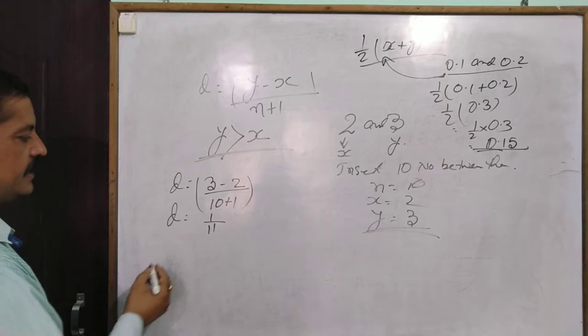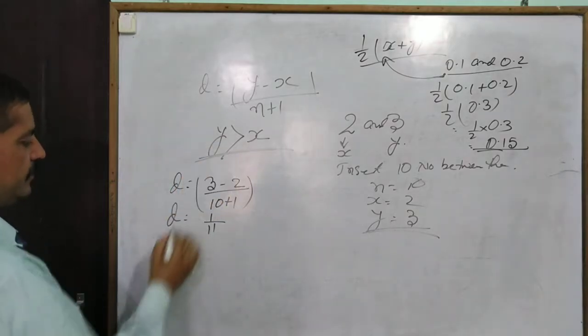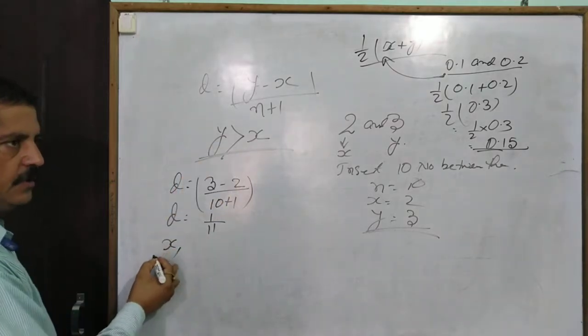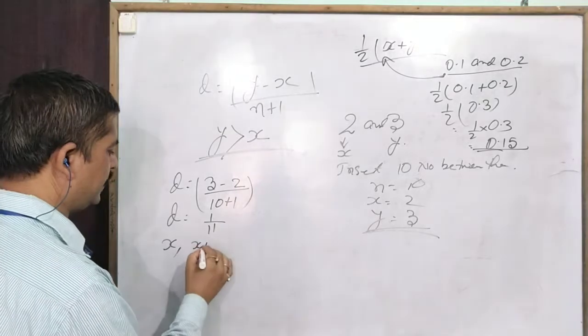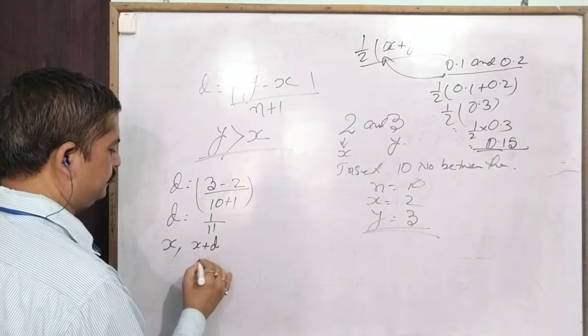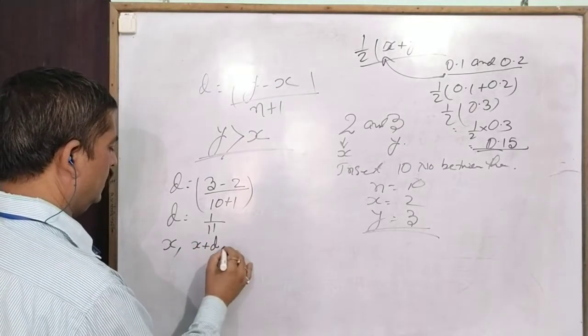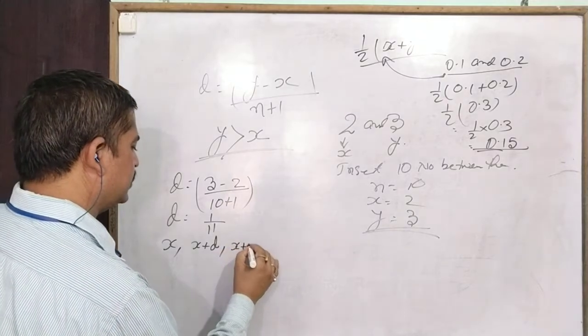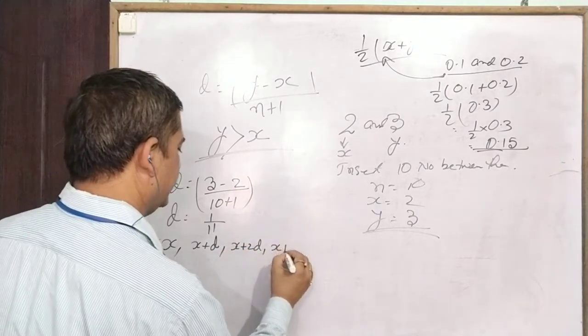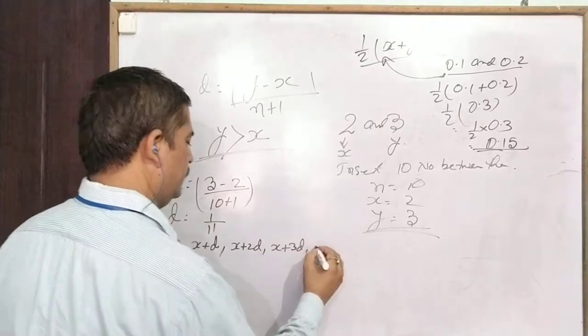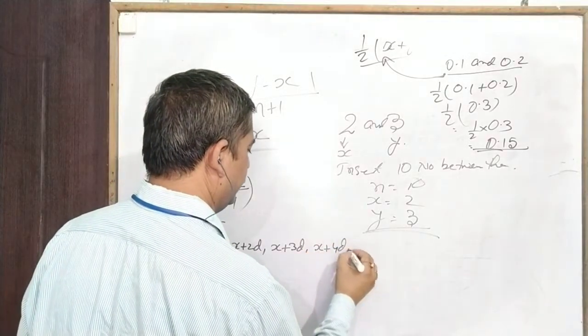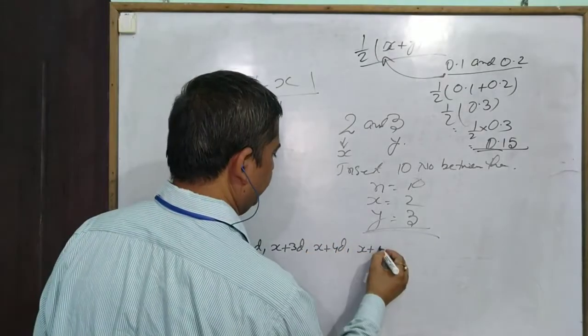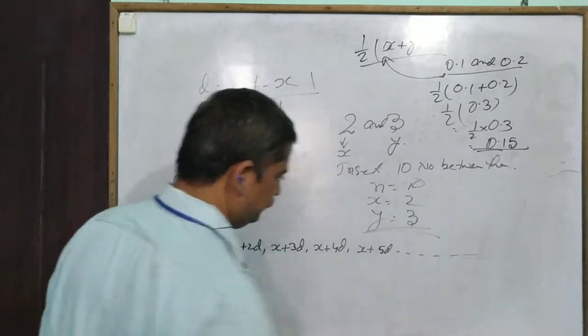So how to insert the numbers? x is the smallest number, then x plus d, again x plus 2d, x plus 3d, x plus 4d, x plus 5d, and so on.